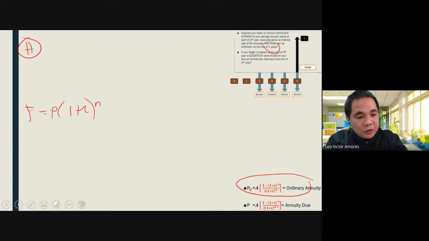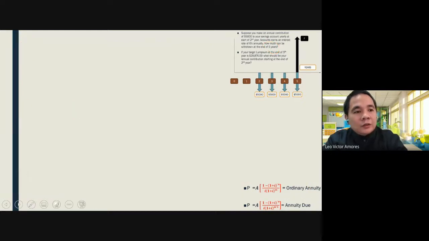So let's do letter A. If I solve using the ordinary annuity problem, where do I start the analysis? Say, this is P, right? How much is your annuity? 5,000. Here, as earlier.